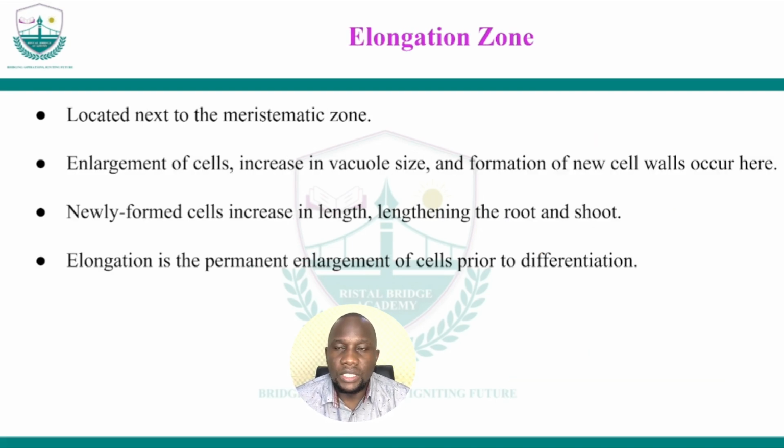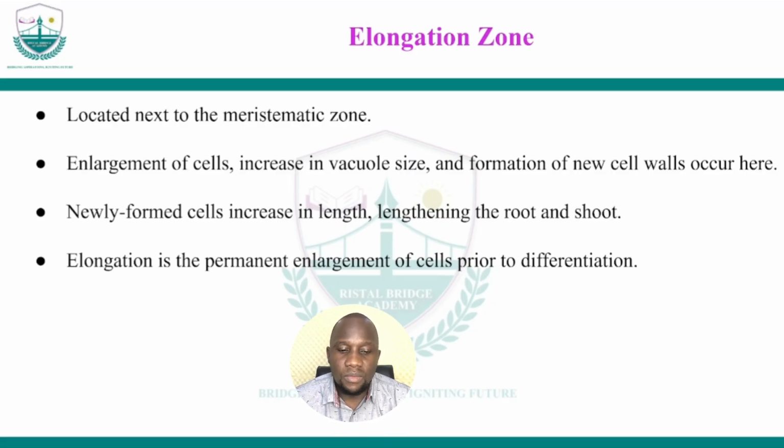So the second zone is the elongation zone. Remember, these cells are dividing and these cells are now pushed upwards to the elongation zone. Okay, so here the cells are large and they have large vacuoles, and the formation of new cell wall happens. That means that we are going to have thicker cell walls.